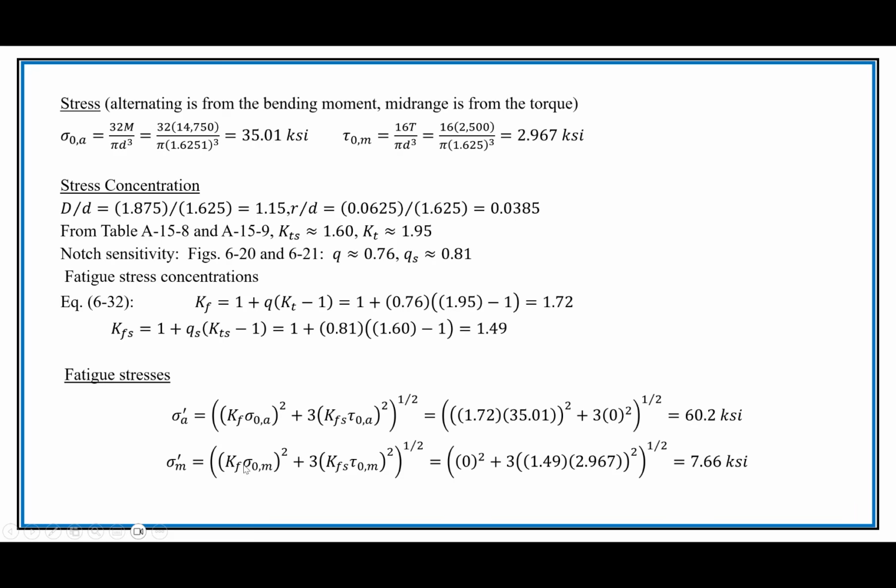We didn't have to write out this part of the equation, but that 3 is definitely going to come into play. So you did need to do this math right here. You can't just ignore that square root. But anyway, you can also see that this mid-range doesn't play a whole lot of a part here.